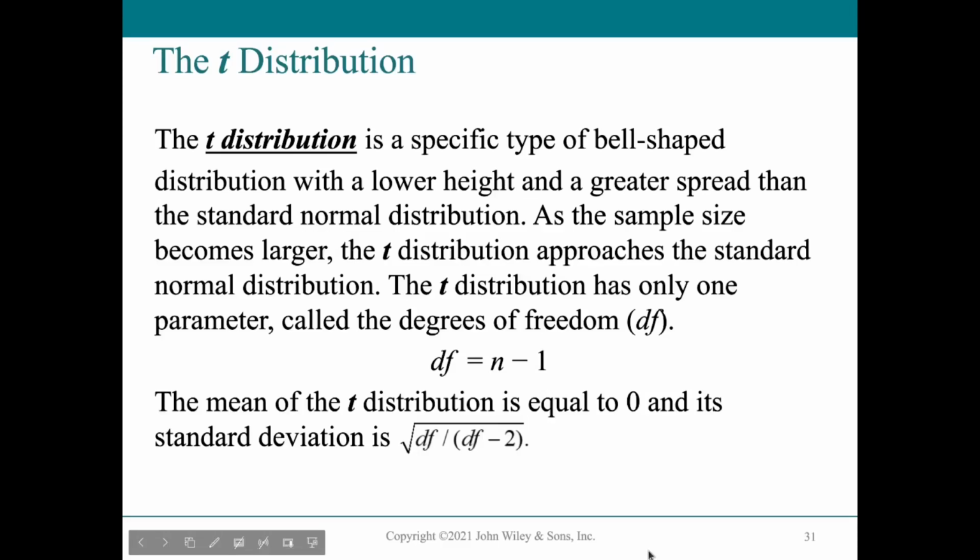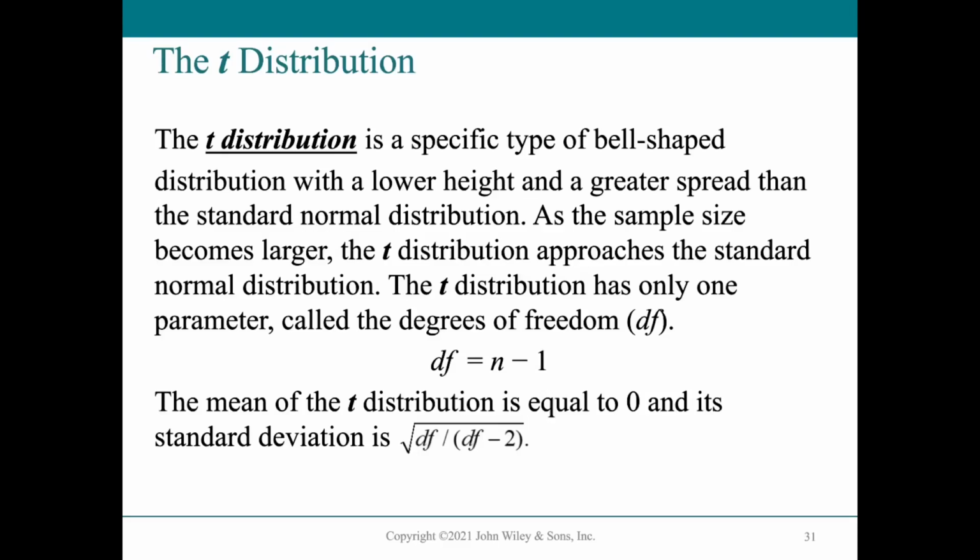Now, what about the student's t distribution? In some textbooks, especially the old textbooks, we would say student's t distribution, not because it's usually used by students, but rather because the person who developed this, William Gosset, had a pseudonym named Student. Anyway, the t distribution is a specific type of bell-shaped distribution. However, contrary to our standard normal distribution, this has a lower height and a greater spread than the standard normal.